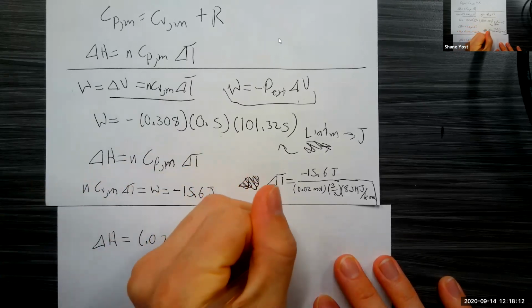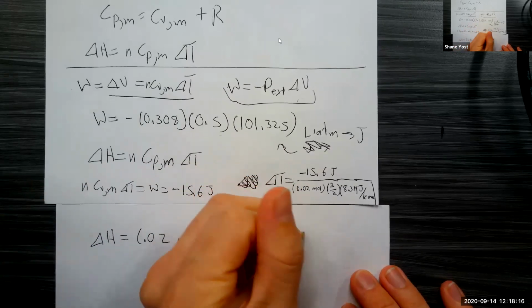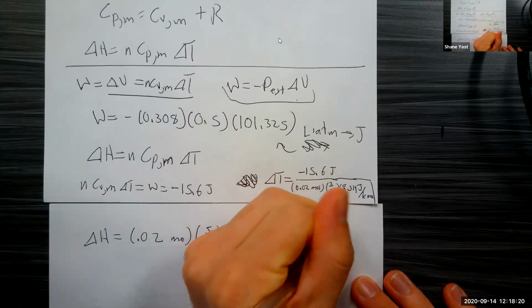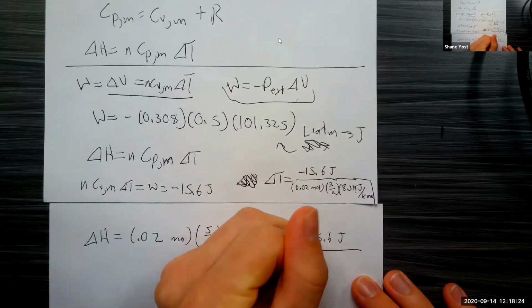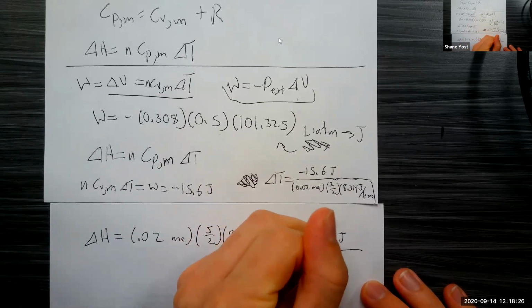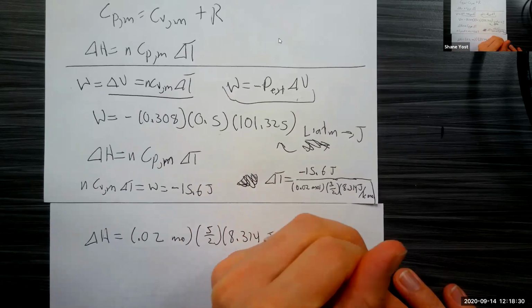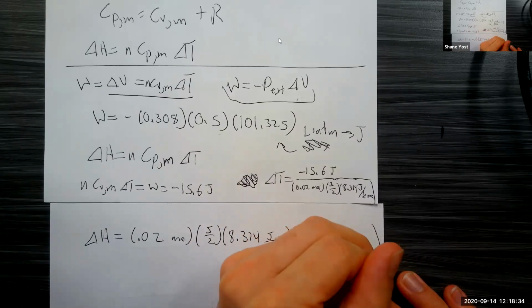Times my change in temperature, which equals minus 15.6 joules over 0.02 moles times 3/2 times 8.314 joules per Kelvin mole.